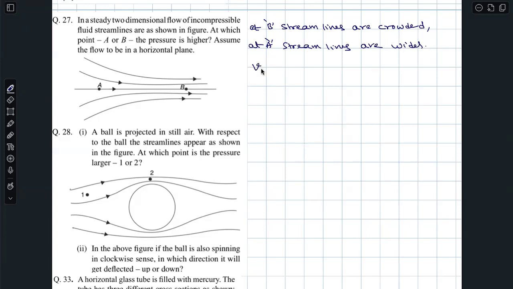Obviously, velocity at B is greater than velocity at A. So therefore, pressure at A is greater than pressure at B. Done.